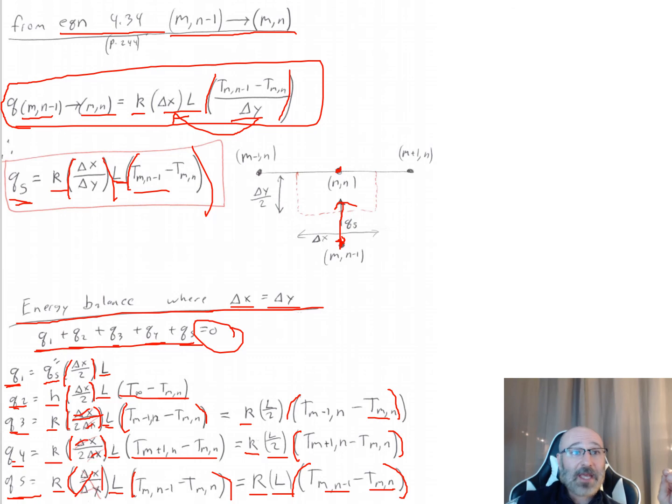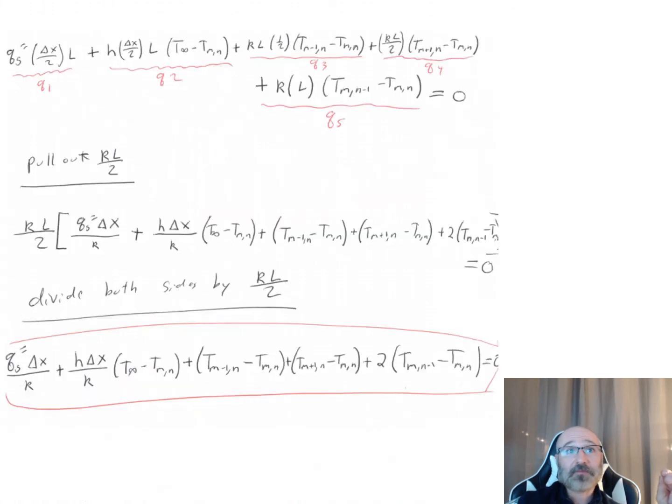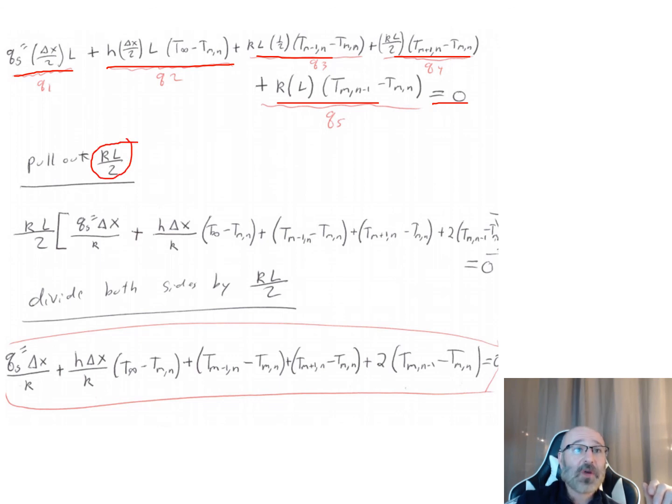And I can plug that back in now to my energy balance equation. So that's exactly what I do there, and I write this all out. We can reference back to our previous page. There's my Q1 plus Q2 plus Q3 plus Q4 plus Q5, all equal to 0. I can reduce and simplify because I notice that I can pull out a K times L over 2 in front.